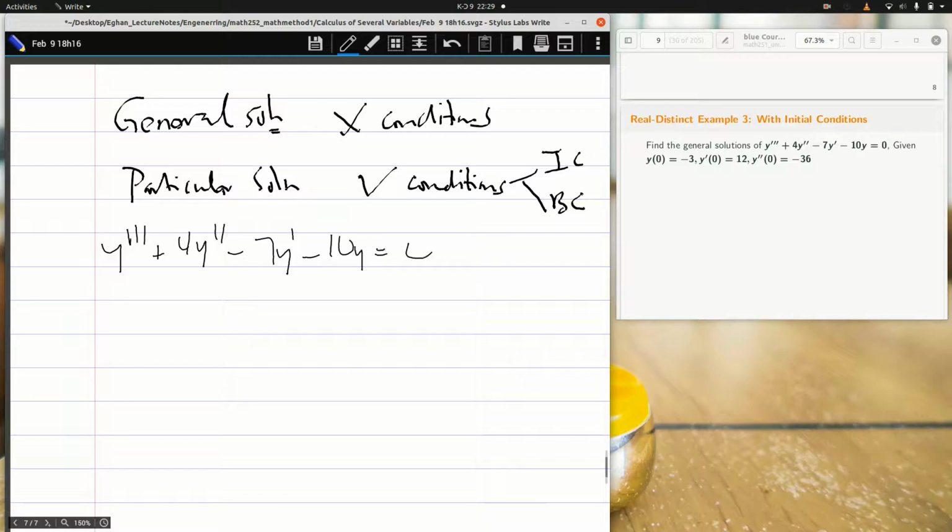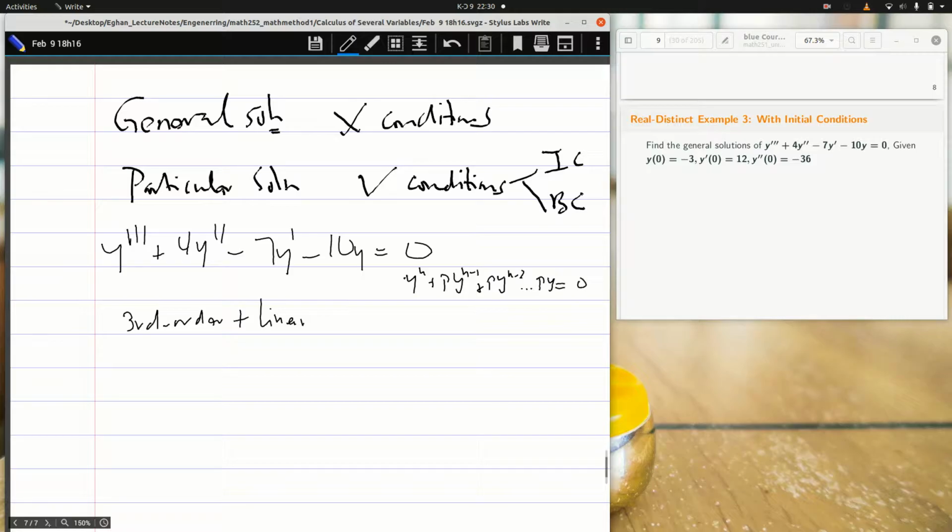Now the order here is the third order. It is also linear. As you can see, it is written of the form y^(n) plus p y^(n-1) plus p y^(n-2) through to the last part p y is equal to 0. It is linear.